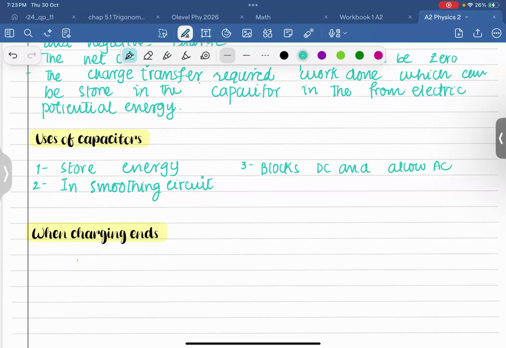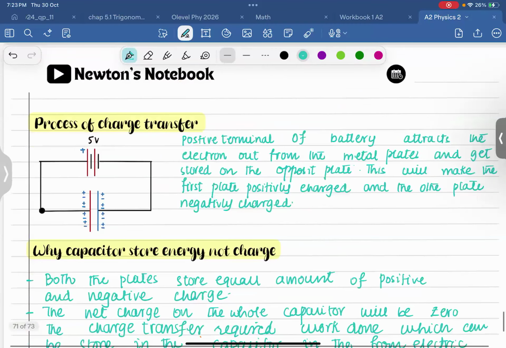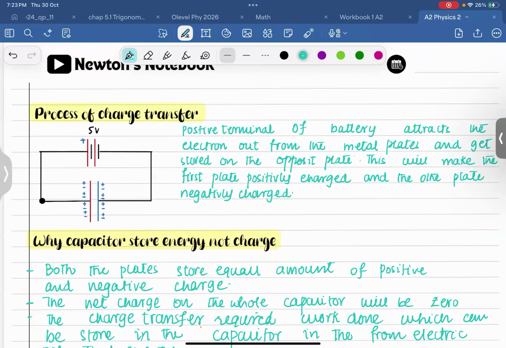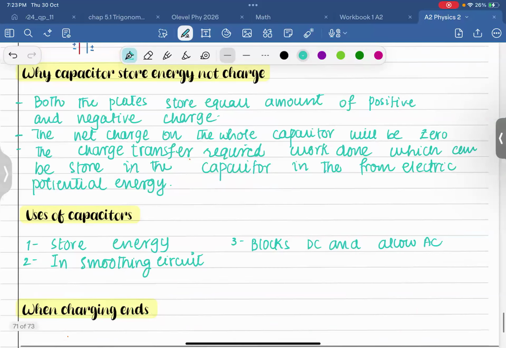DC is basically direct current sources and AC are alternating current sources. Since the parallel plates are not connected with each other, once all of the energy corresponding to the charges gets transported from one plate to another plate, the current will be zero and everything stops, right? So the third thing is it blocks the DC and allows the AC.